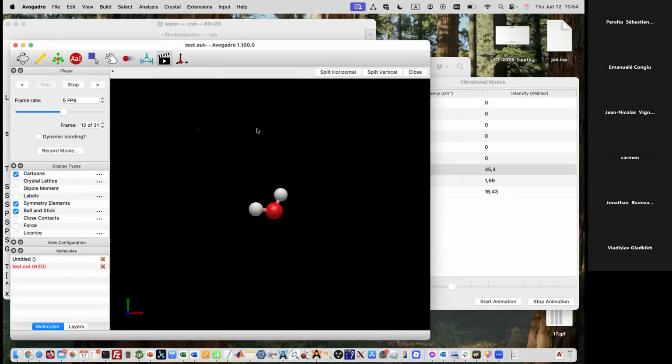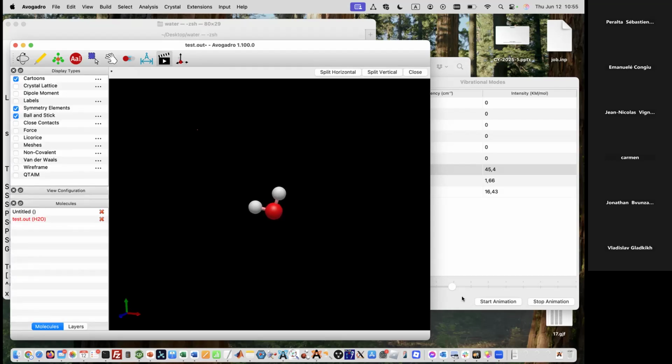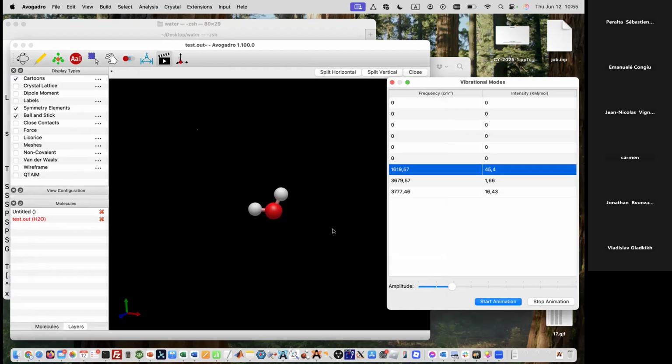So you see, no, this is not the optimization step. This is a vibrational frequency. It's running. Okay, my bad. So you can see all vibrations are positive, so it's a local minimum.